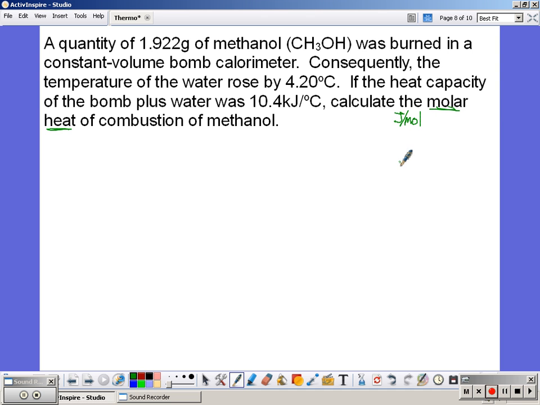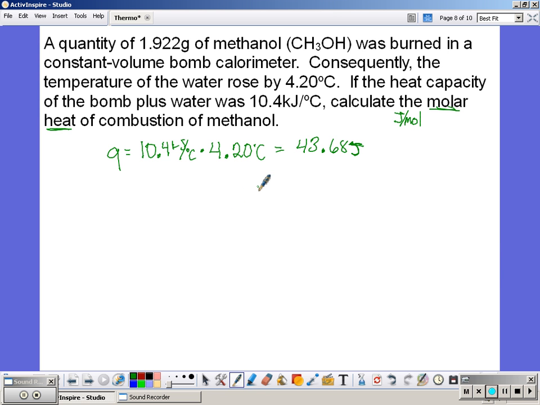So first I want to solve for Q. Q equals the heat capacity of the calorimeter times the change in the temperature of the water. So the amount of heat that was changed was 43.68 joules. Now I want to know the molar heat of combustion for methanol. So there's my amount of joules.